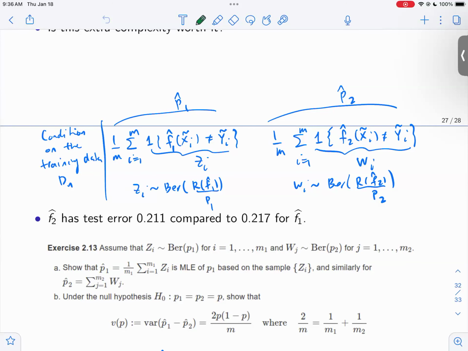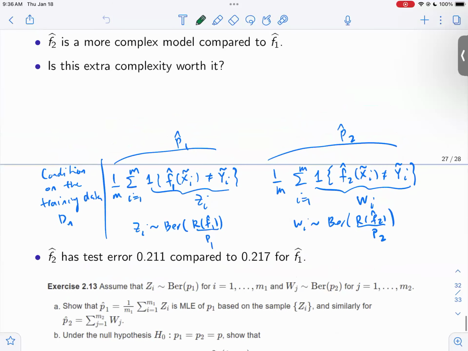For example, if I have a set of random variables Z1 up to Zm, Bernoulli with parameter P1, what you're doing is forming this estimate p hat 1, which is the sample average of these. Then you can also compute the variance of this estimate. So what is the mean of this estimator?